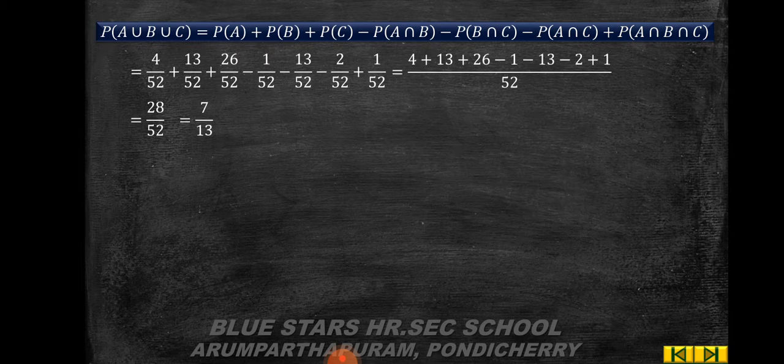After simplification you get 7 by 13. So the probability of P of A union B union C, that is the probability of getting a king, a heart or a red card, is 7 by 13.